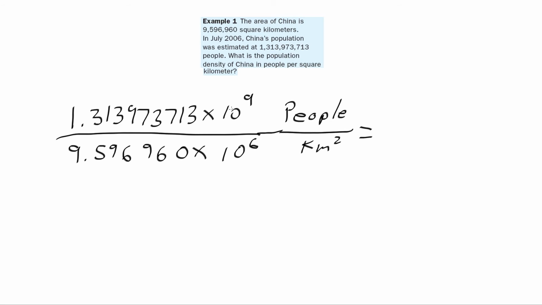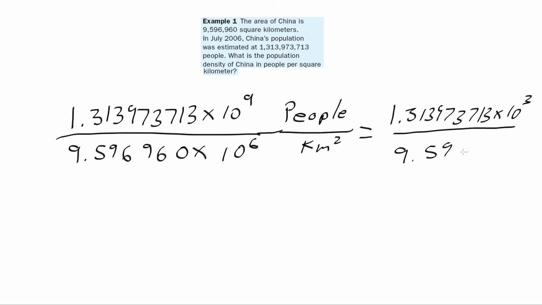So that's going to be 1.313973713 times 10 to the third divided by 9.59696. And I've got a somewhat simpler problem.